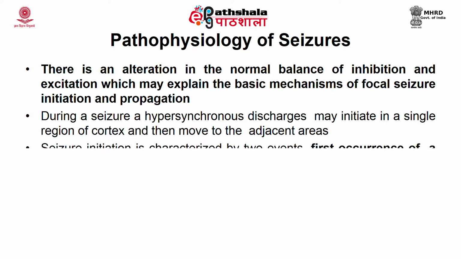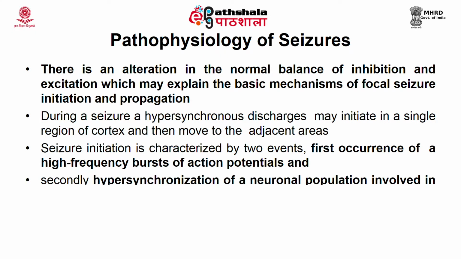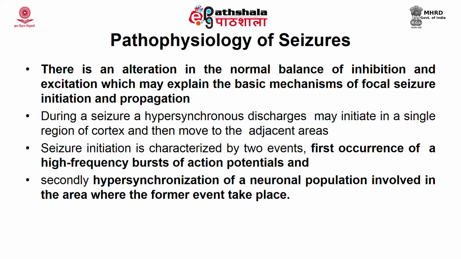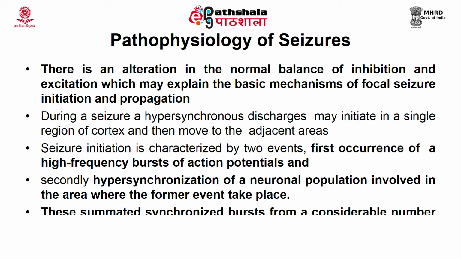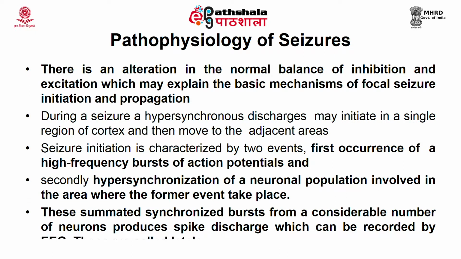Seizure initiation is characterized by two events. First, the occurrence of high frequency bursts of action potentials, and next is hypersynchronization of the neuronal population involved in the area where the former event takes place.